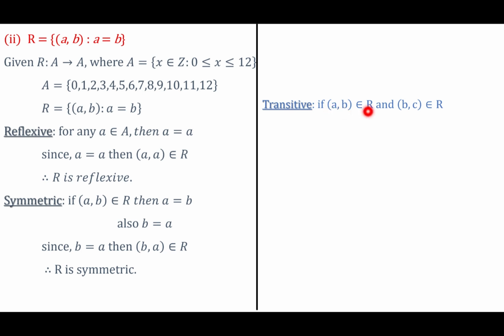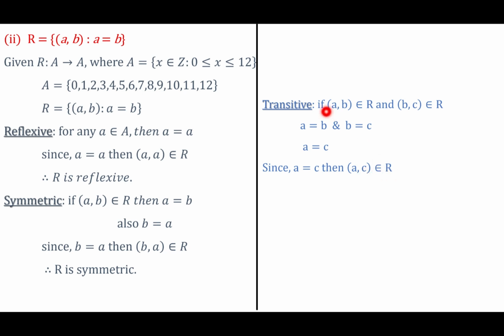Now, if (a, b) belongs to R, which means a equals b. And (b, c) belongs to R, which means b equals c. Now, if a equals b and b equals c, which means a equals c. If a equals c, which means (a, c) belongs to R. This is what the relation says.